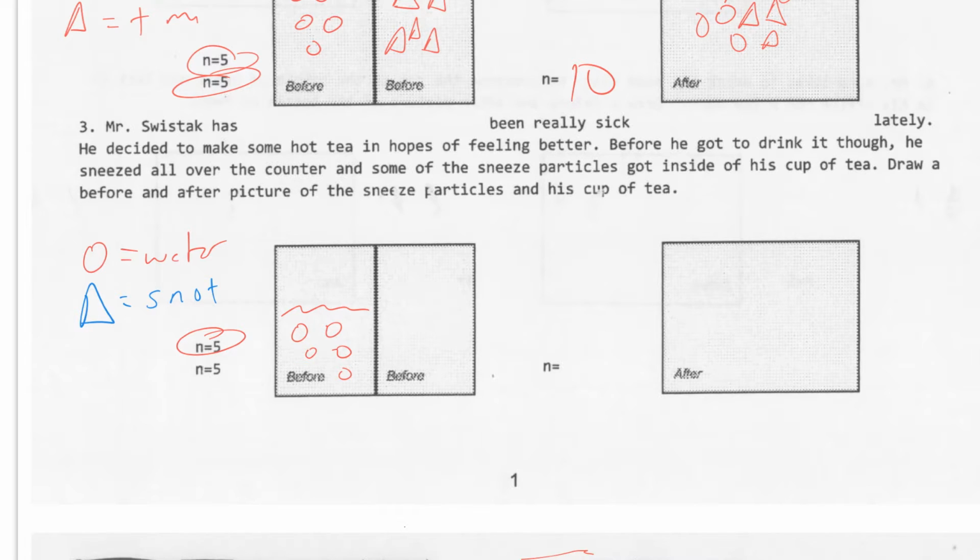That's kind of how snot works, right? Maybe a couple particles are together. And then afterwards, now we got 10 total particles. So now in the water is a bunch of snot, kind of evenly dispersed, but maybe some of it's a little chunky in there.